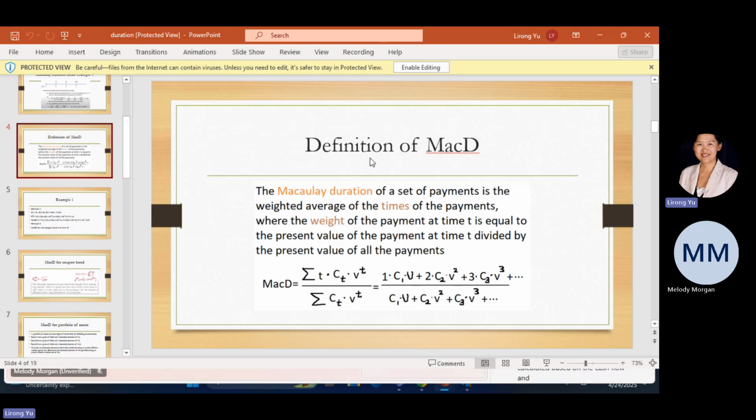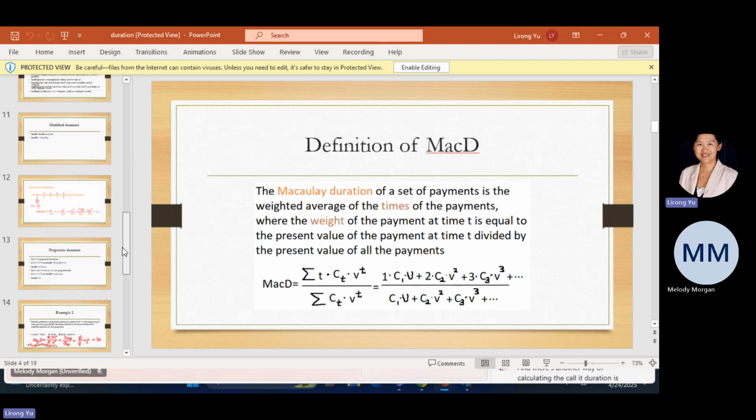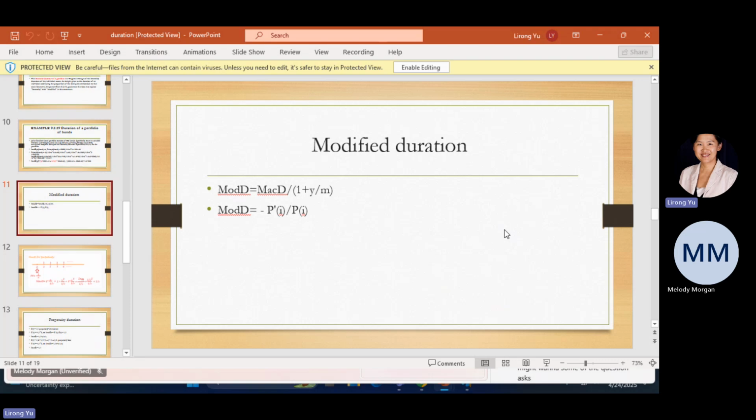Another way is that some questions ask us to calculate modified duration. In fact, if you can calculate modified duration, you can calculate Macaulay duration, and vice versa. If you already have the Macaulay duration, divided by 1 plus i, that's the modified duration.